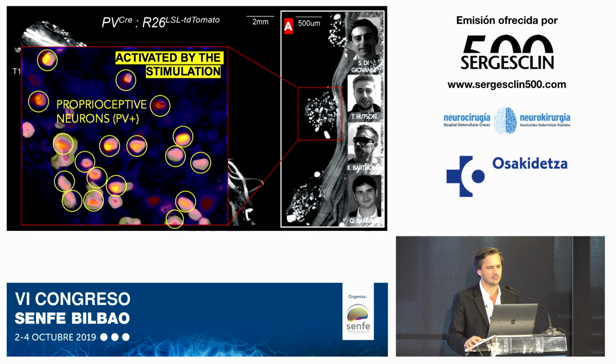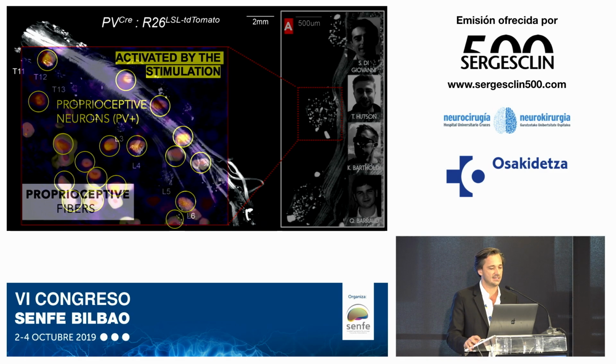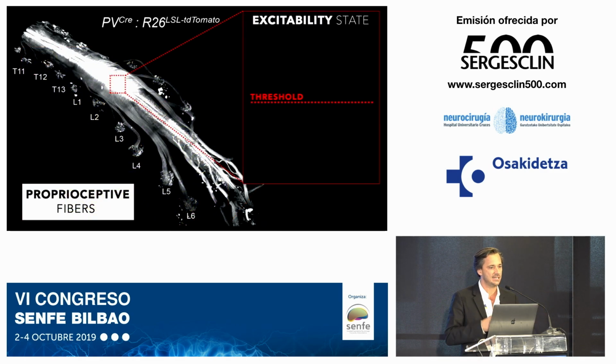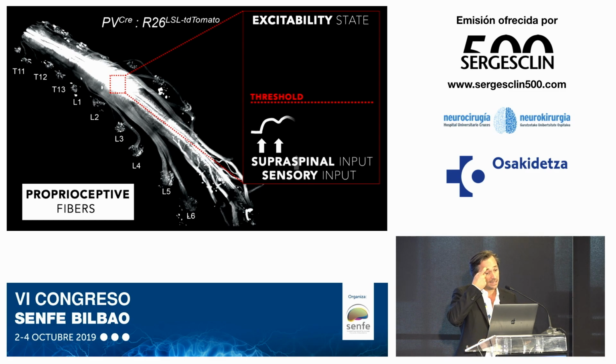Then what is the mechanism? How does it work? Well, this stimulation activating proprioceptive fibers will have two effects. The first is that you see like this massive innervation of the spinal cord by the proprioceptive fibers. So when normally the descending input or the sensory information, they will fire, but because of the low level of excitability of the spinal cord network, you don't see any effect.